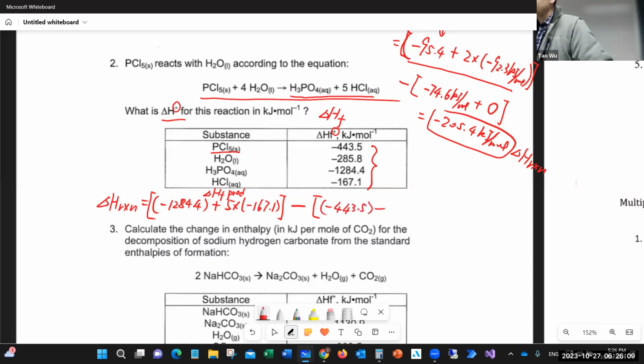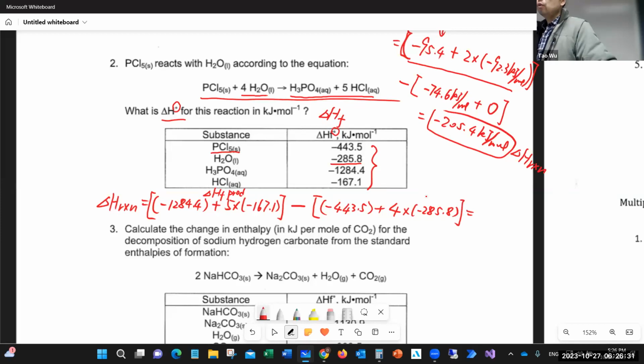And then we have 4 of the water liquid. The enthalpy of formation of liquid water is negative 285.8. So how many? We have 4, so 4 times negative 285.8.